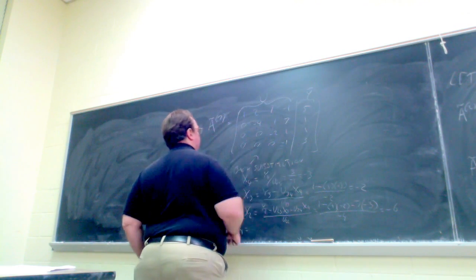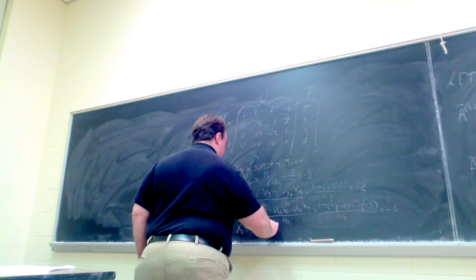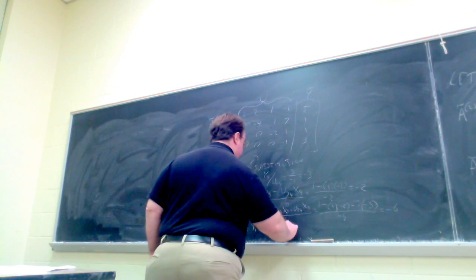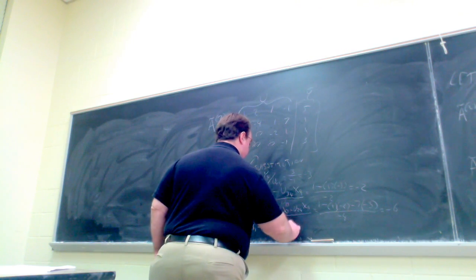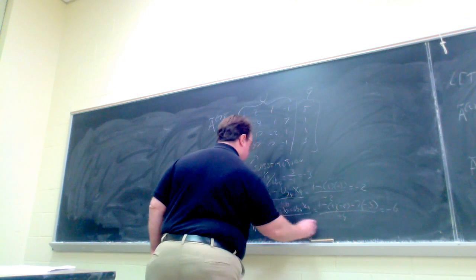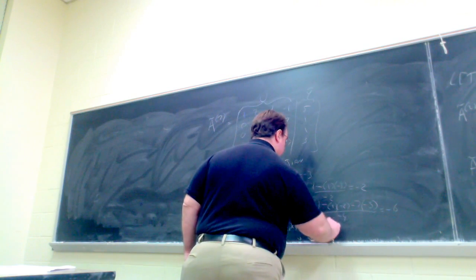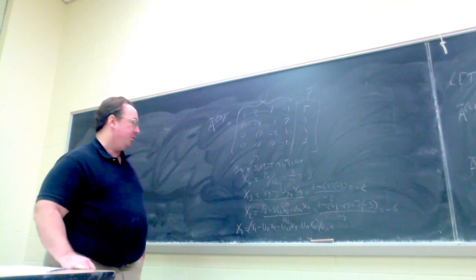Well, the diagonal entry is going to be 1, so we get y1 minus u12 x2 minus u13 x3 minus u14 x4 all over u11, which I'll ignore in the last step because it's 1.